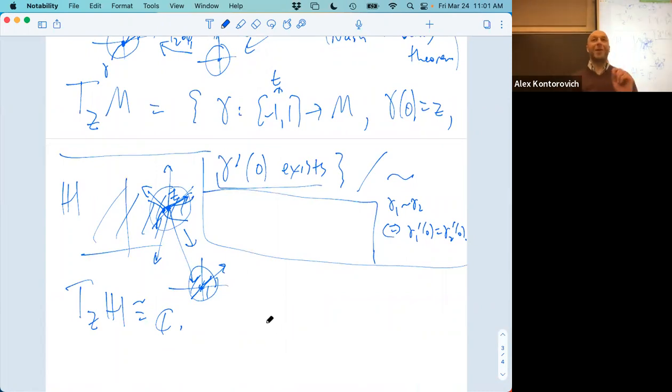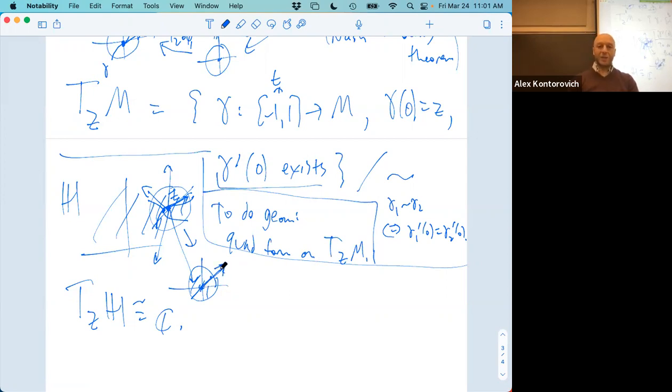Now, here's where Riemann comes in. Riemann says, in order to do geometry, what you need is a quadratic form on T_z, a quadratic form that measures lengths.